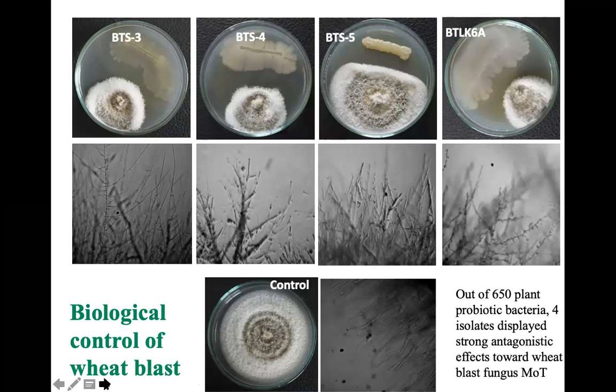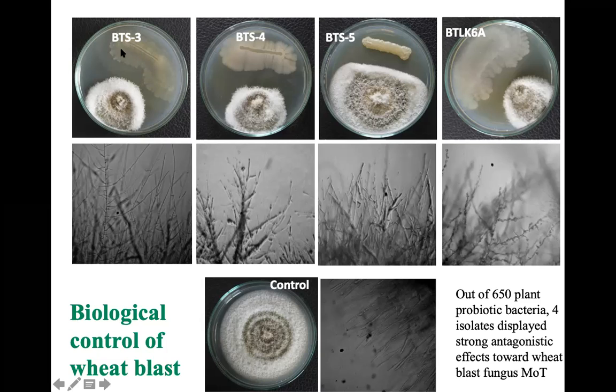When wheat blast was a serious problem, I asked my team members to check whether any of our probiotic bacteria show any antagonistic activity against Magnaporthe oryzae Triticum pathotype, which is the causal organism of wheat blast. Here you can see in a plate, it is called dual culture.